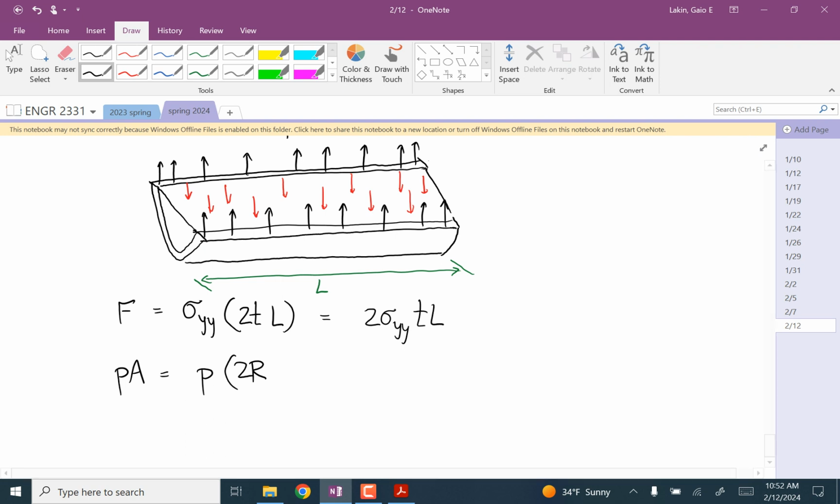You see that the width of that is 2r times the length.